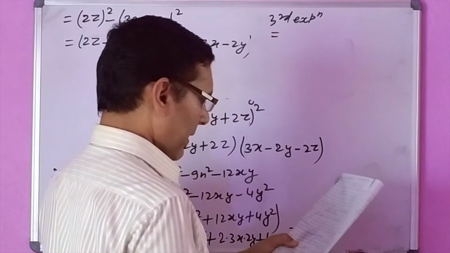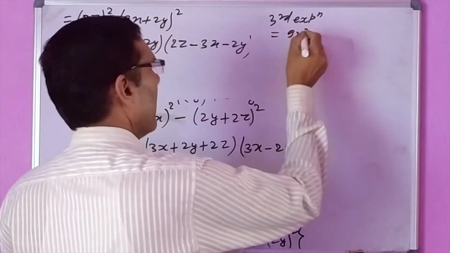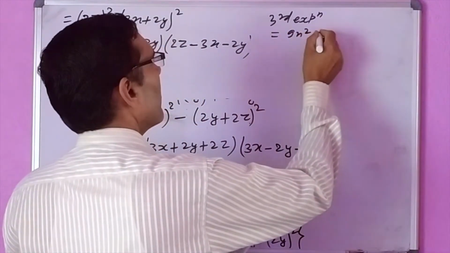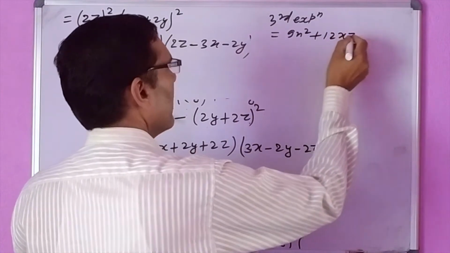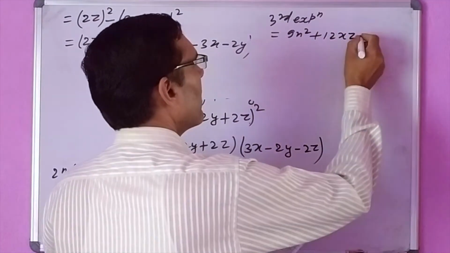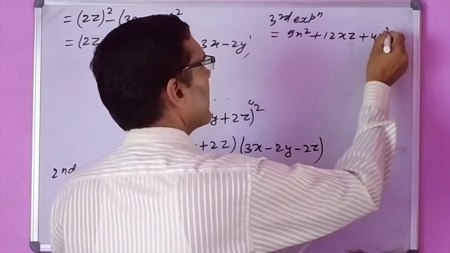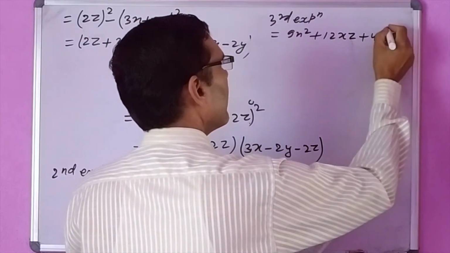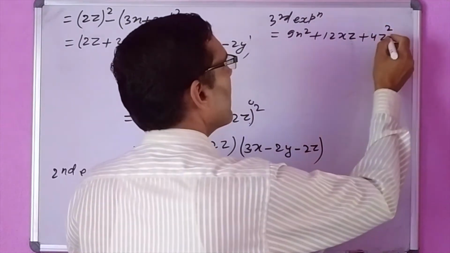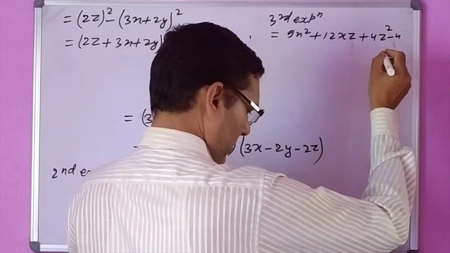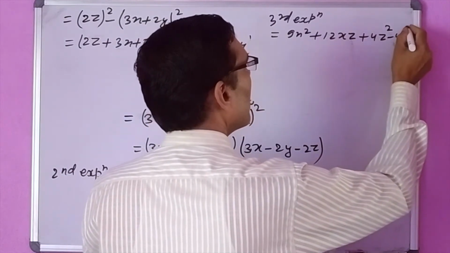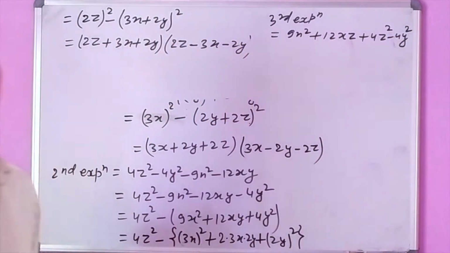Our third expression is 9x square plus 12xz plus 4z square minus 4y square.